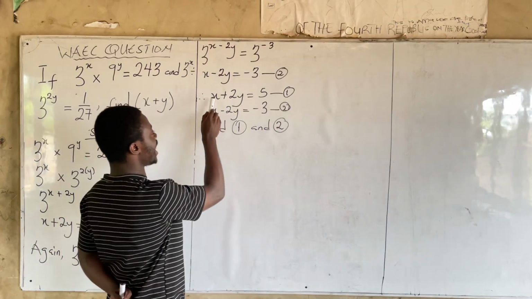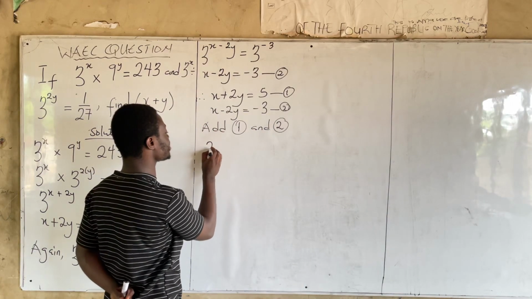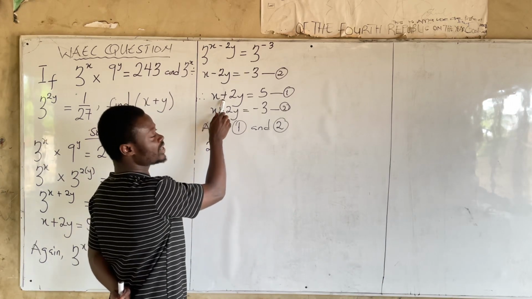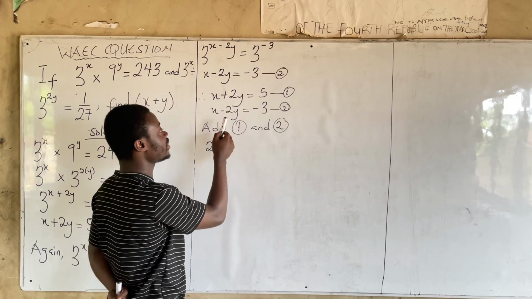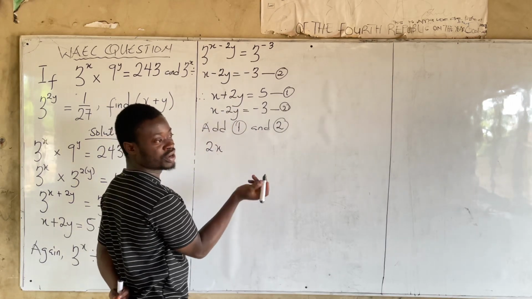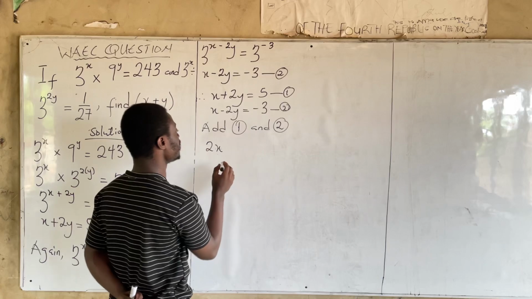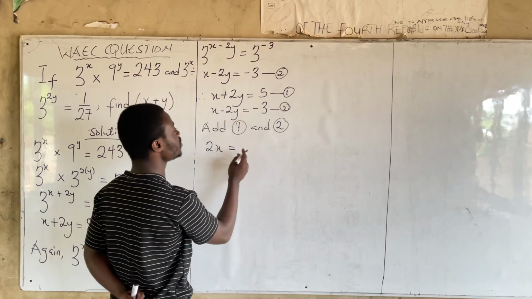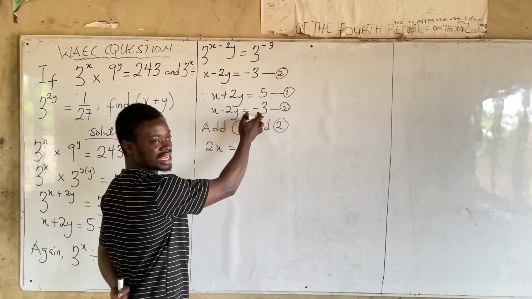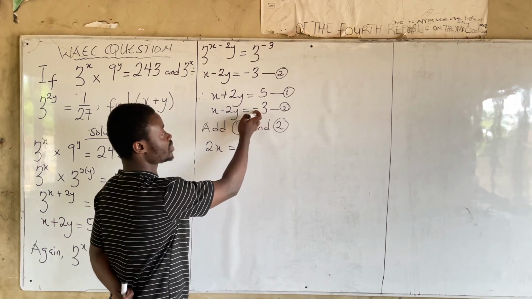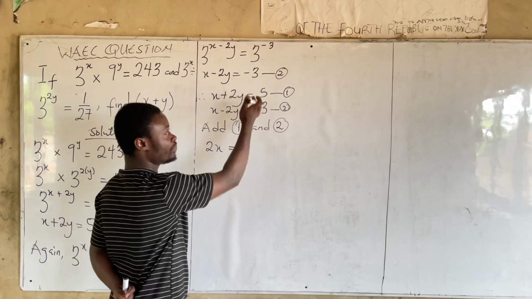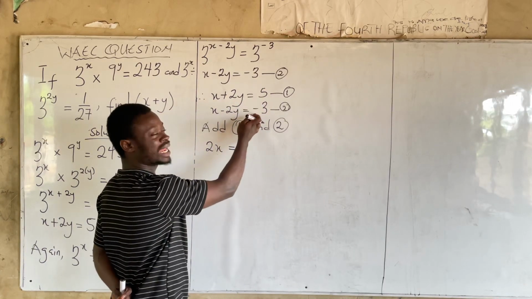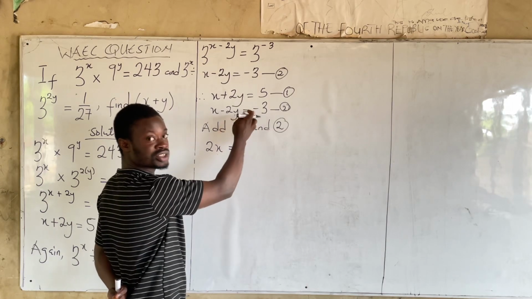So x plus x gives us 2x, and then positive 2y minus 2y is 0. Now we get 0 equal to 5 minus 3, because we are adding them, so positive 5 plus minus 3 gives us 2.